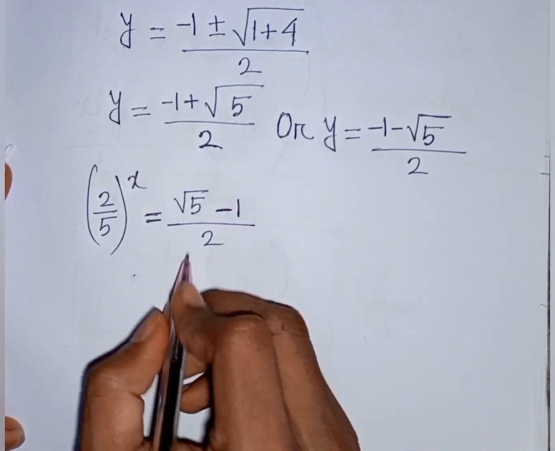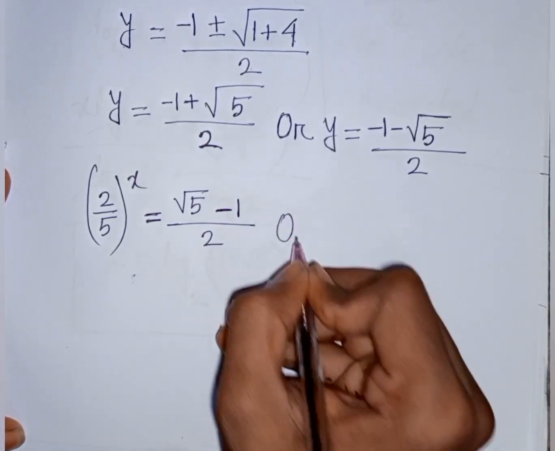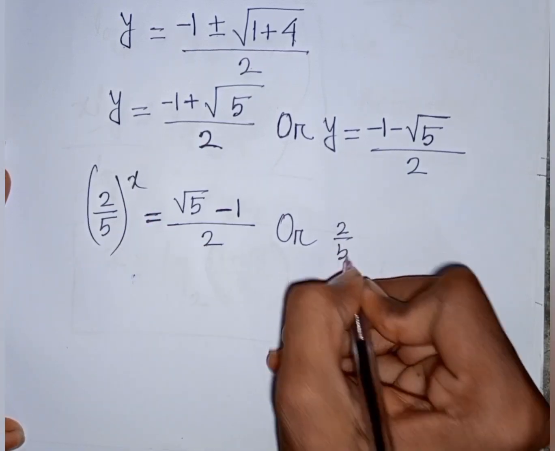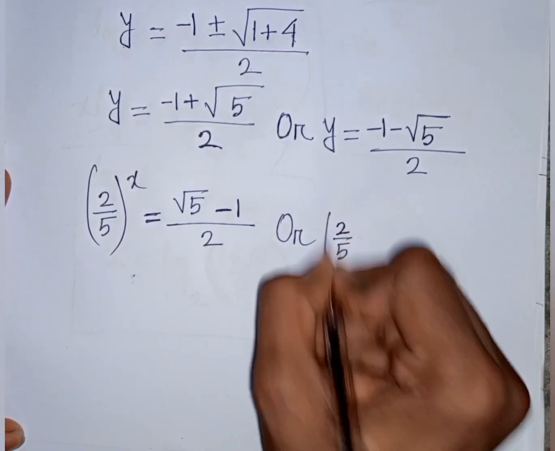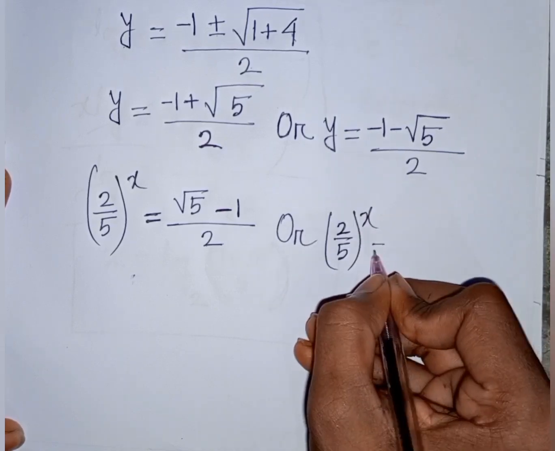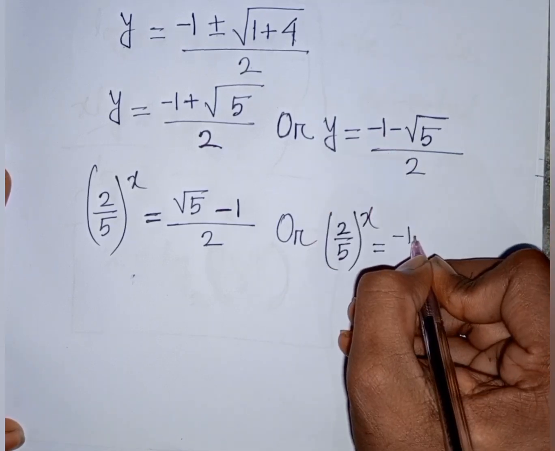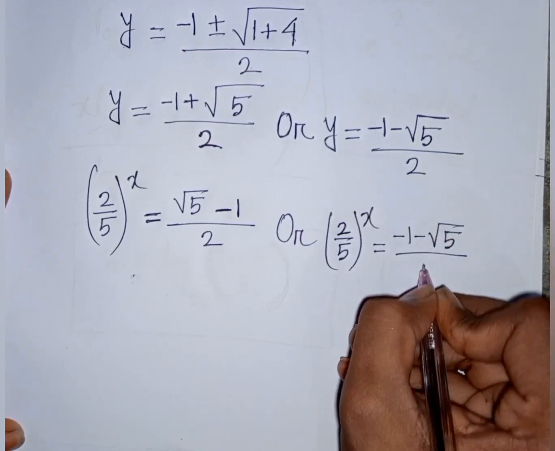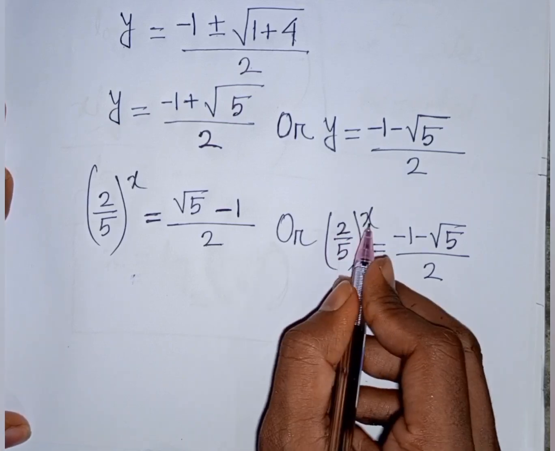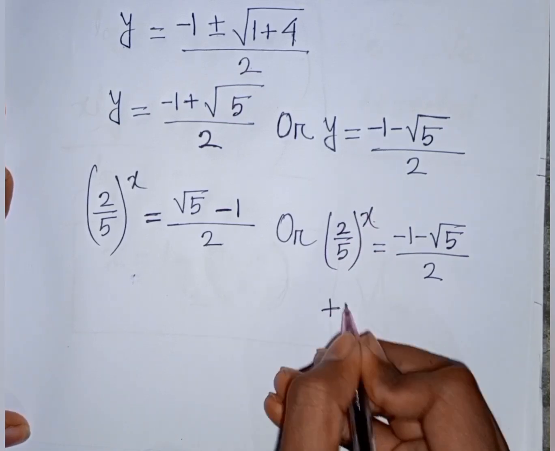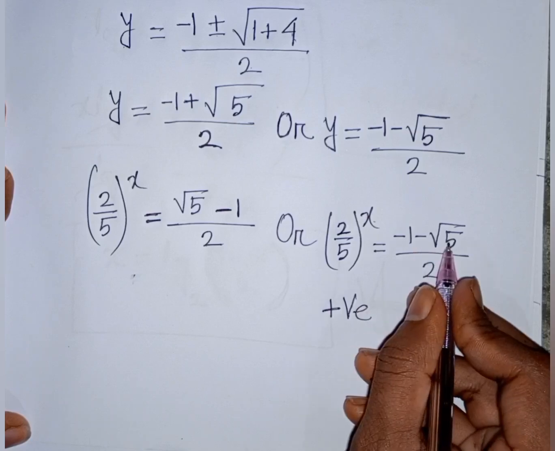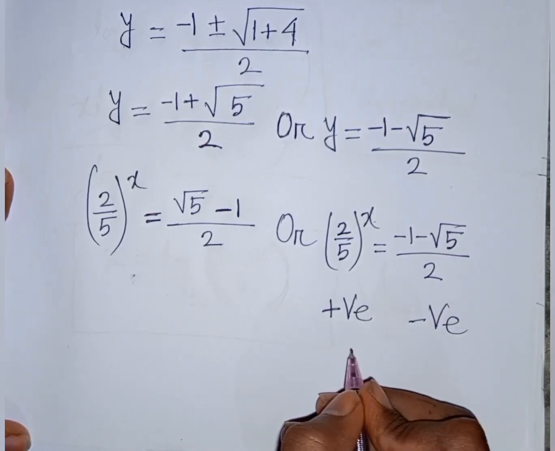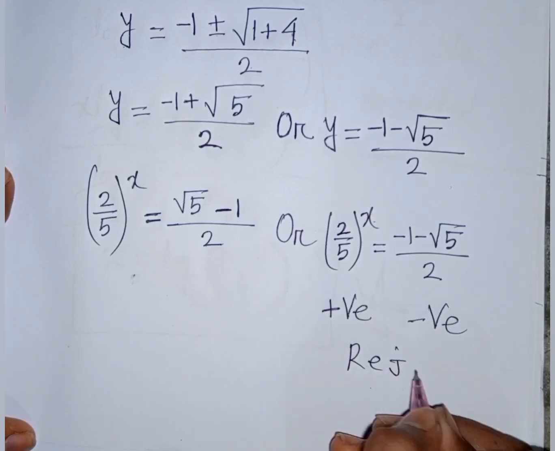Or y, that means 2 by 5 bracket power x, is equal to minus 1 minus square root of 5 divided by 2. Now we see 2 by 5 bracket power any number is always positive, but minus 1 minus square root of 5 divided by 2 must be negative. So positive cannot be equal to negative, so this is rejected.